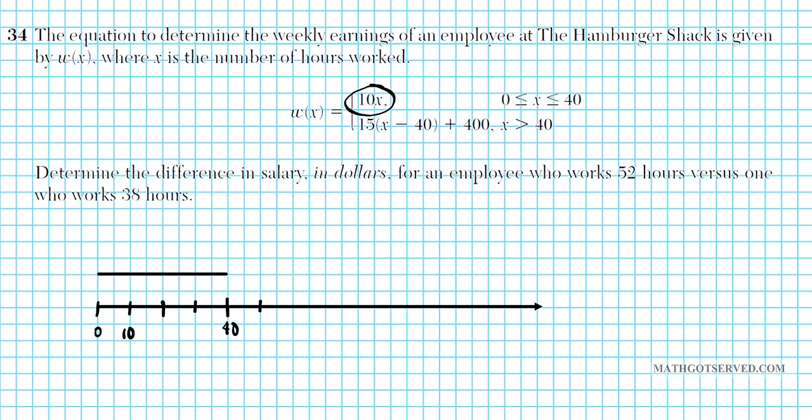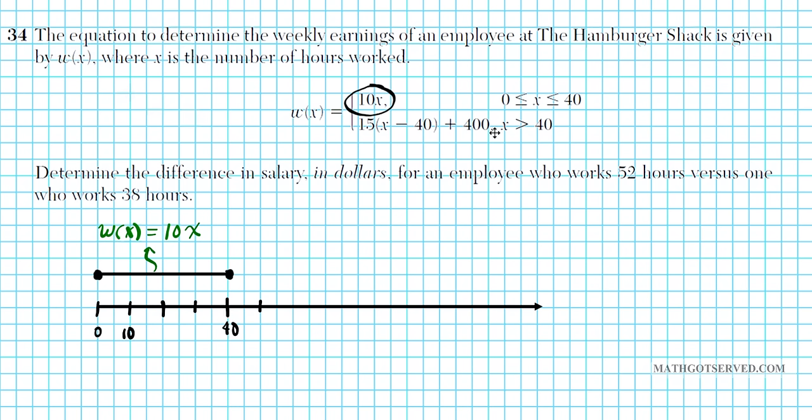Now, from 0 to 40, 0 and 40 included, we have full circles here. The function, let's put it in green, the function W of X is going to have the value 10x. So that's the function that's active from 0 all the way to 40.